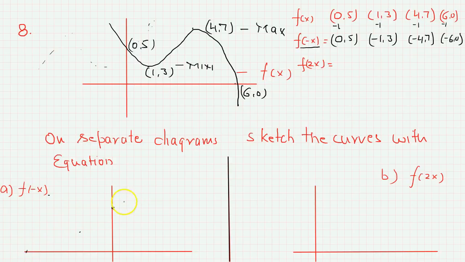So let's say it is here. So our curve will be this. This is our curve for y equal to f(-x). You can see this point is (0, 5). Then (1, 3) becomes (-1, 3), (4, 7) becomes (-4, 7), and (6, 0) becomes (-6, 0).